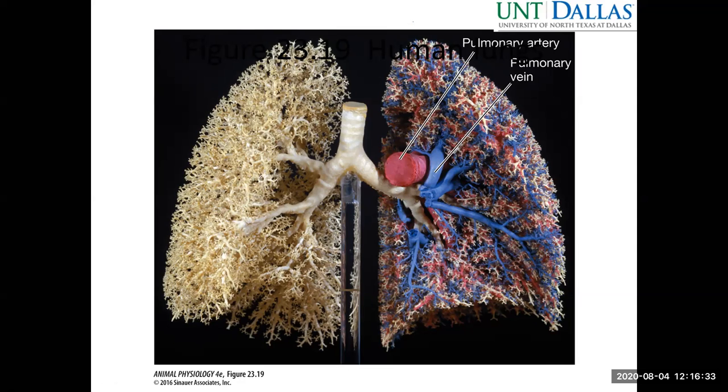The larger sizes of the major blood vessels reflect the high rates at which blood must flow through the lungs. To visualize the airways, the lung passages were injected with a yellow plastic. Similarly, the arteries and veins were injected with red and blue plastic respectively. After this plastic hardened, the tissue was removed, leaving just the plastic to mark the airways and blood vessels.